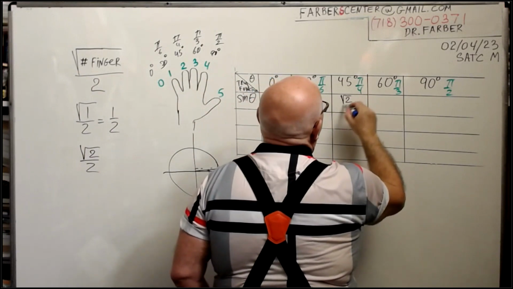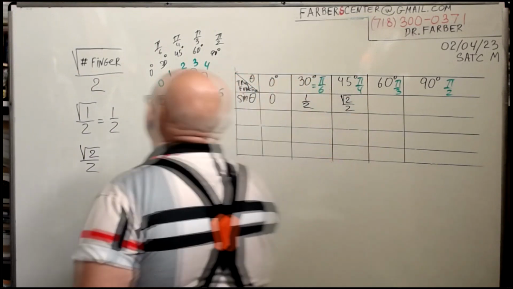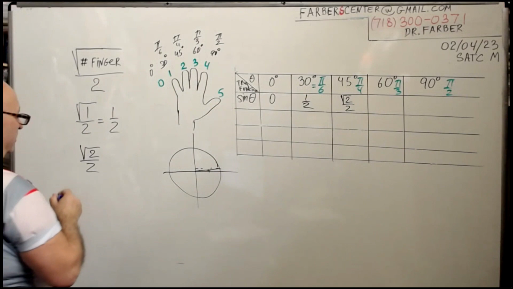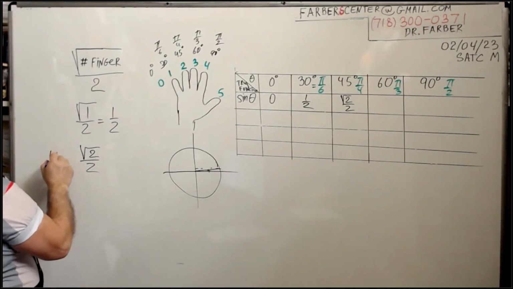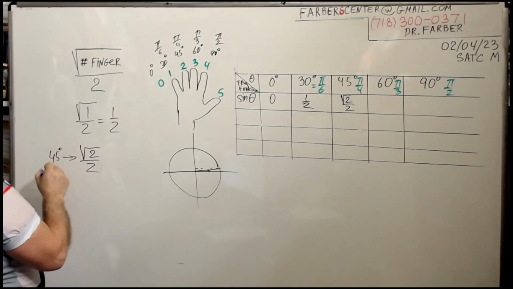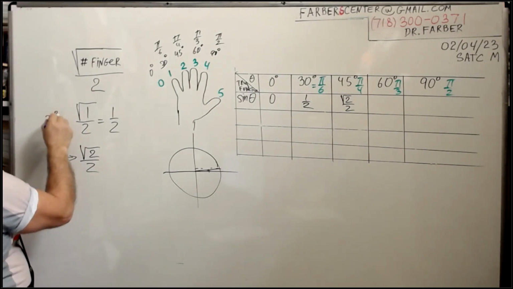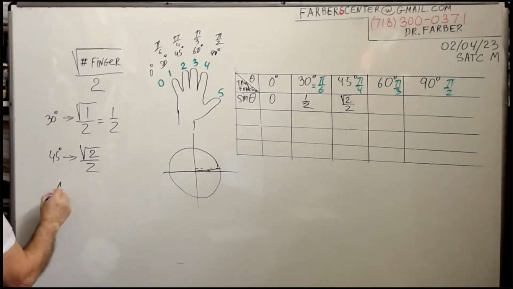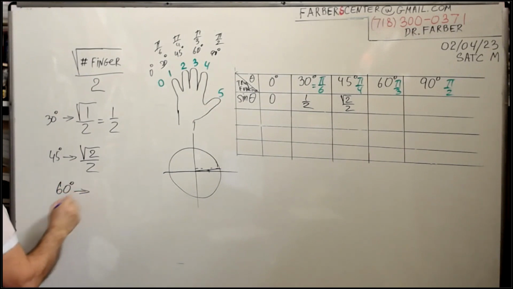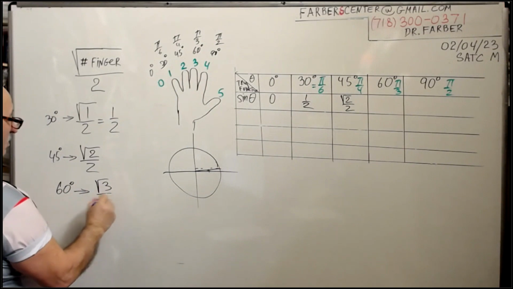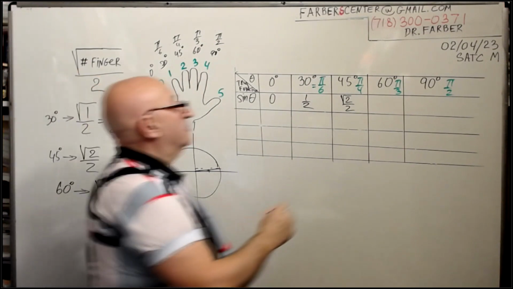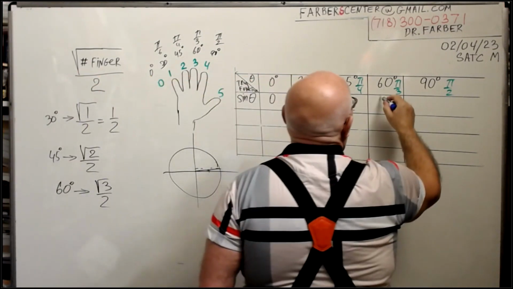For 60 degrees, square root of 3 over 2.